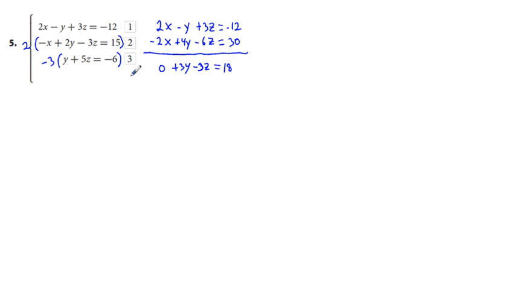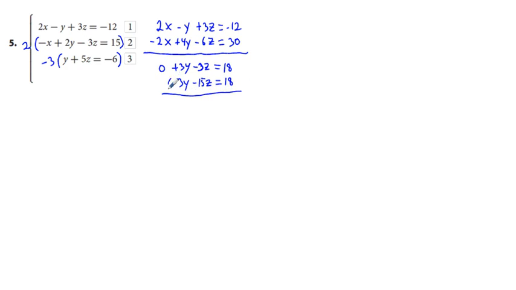And so when I do that, we get negative 3 times y is going to be negative 3y. And then negative 3 times 5z is going to be negative 15z. And then negative 3 times negative 6 is going to be 18.